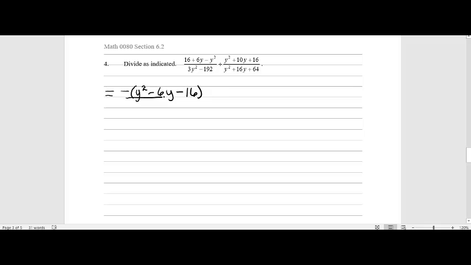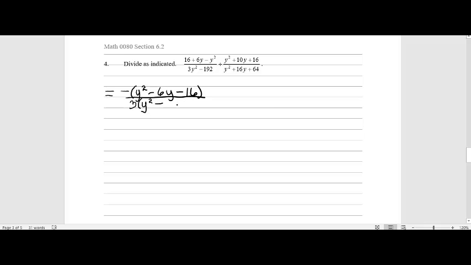You just want to check that if you multiply negative 1 times y squared, do you get negative y squared? Yes. Negative 1 times negative 6y gives positive 6y. Negative 1 times negative 16 gives positive 16. In the bottom of the first expression, I can factor out a 3.